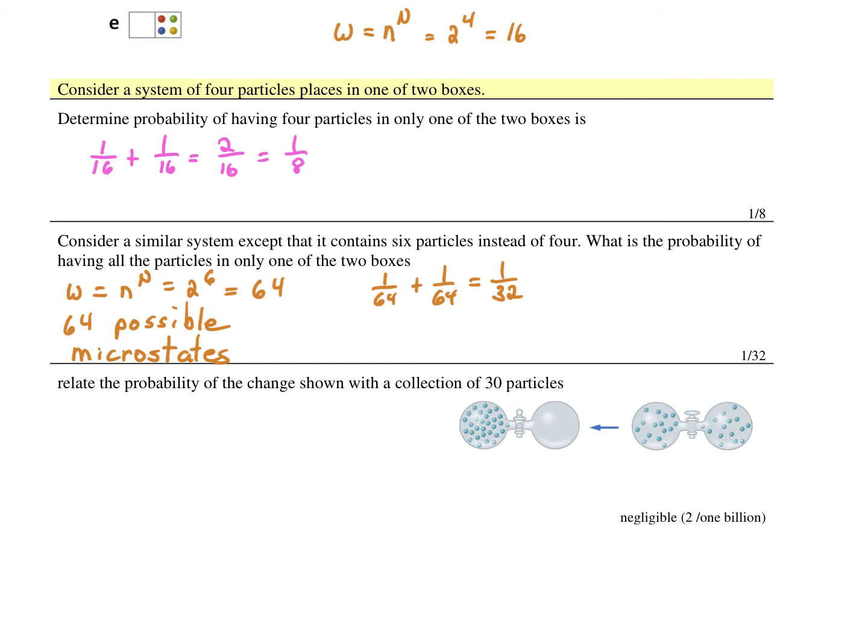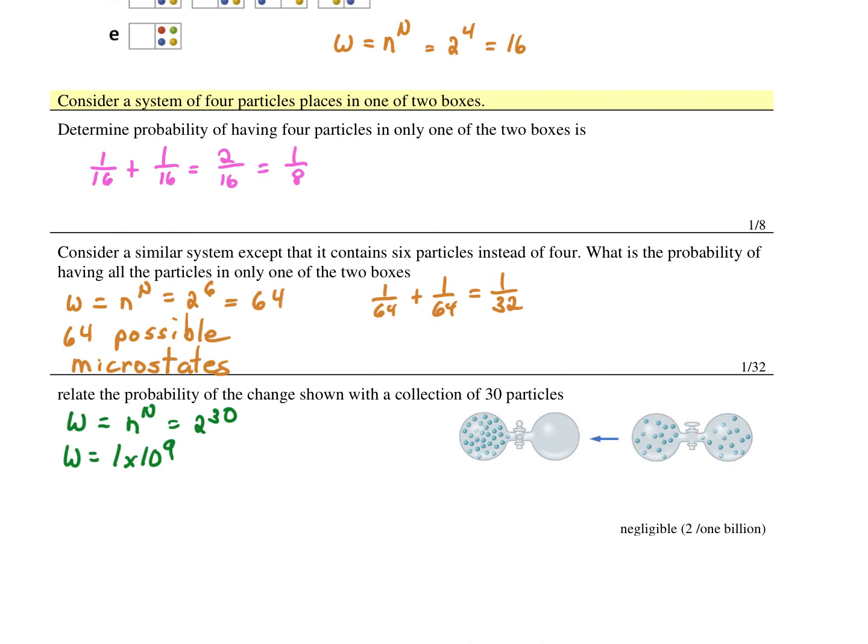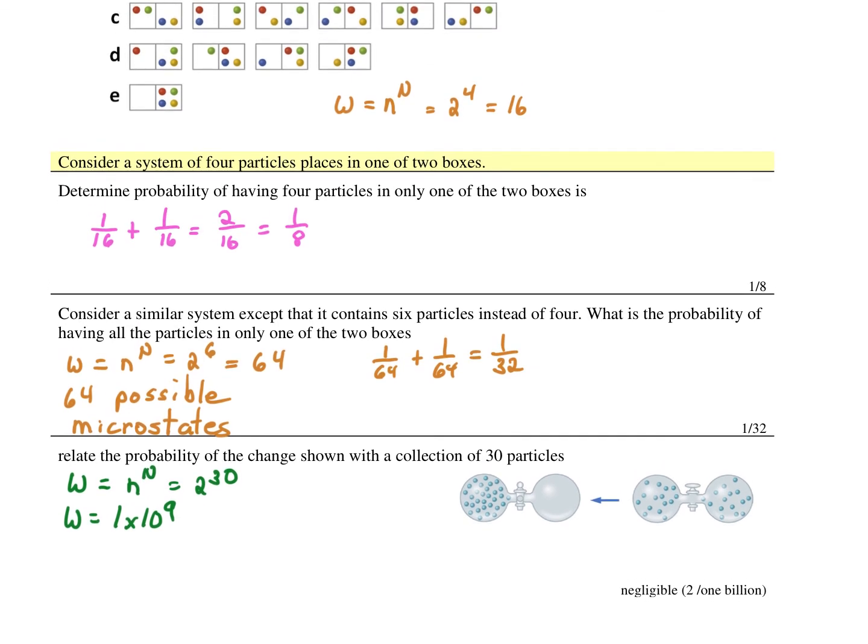Let's assume we have 30 particles that are initially evenly distributed between two sides. We can call these two boxes. What's the likelihood that they will all spontaneously be found in only one of the two boxes? And here the number of possible microstates corresponds to 1 billion different microstates, only 2 of which correspond to all the particles in one side.